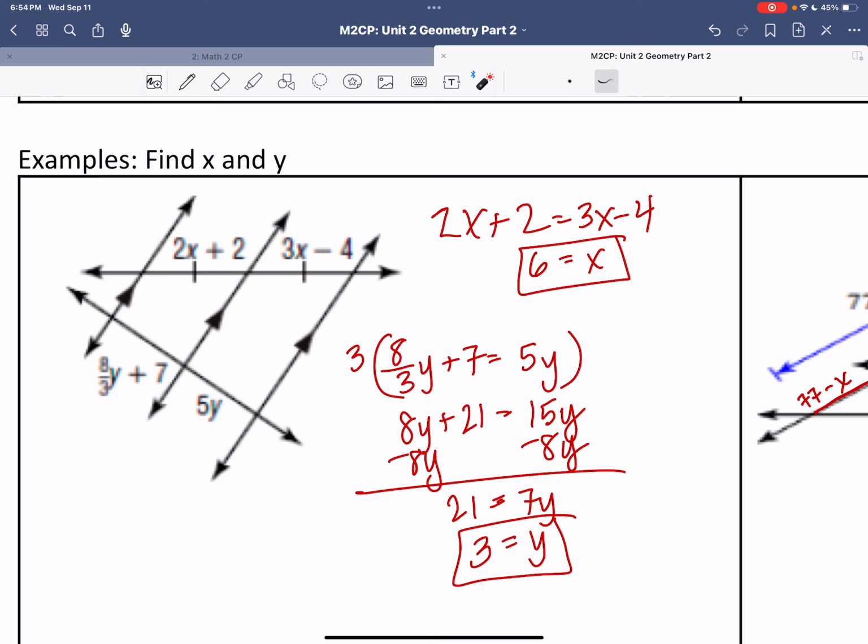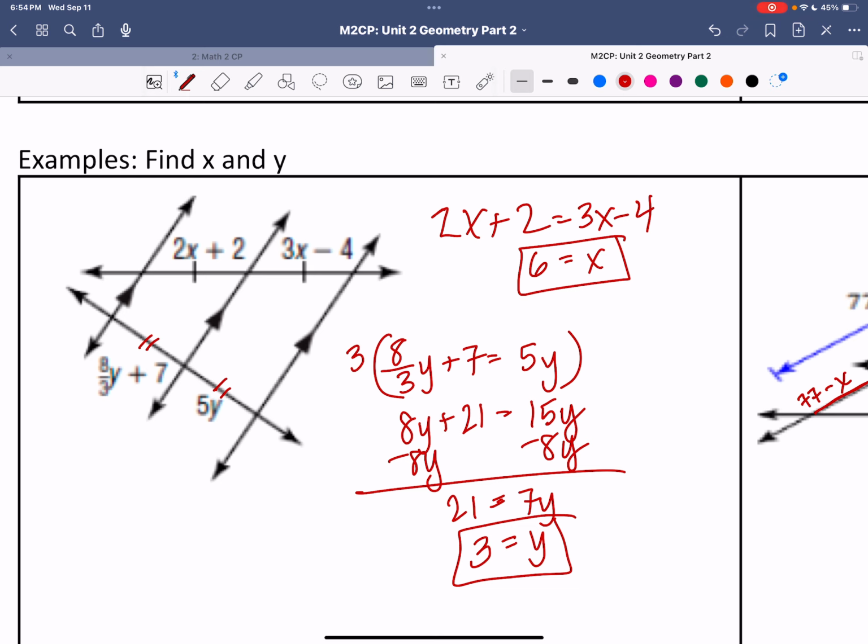All right, so for this one, we have 3 parallel lines, and then we've got a transversal and a transversal. If these are equal here, that means these are equal to each other here. So I'm going to write that in. Now that we've got this set up, we can figure out what to solve for.